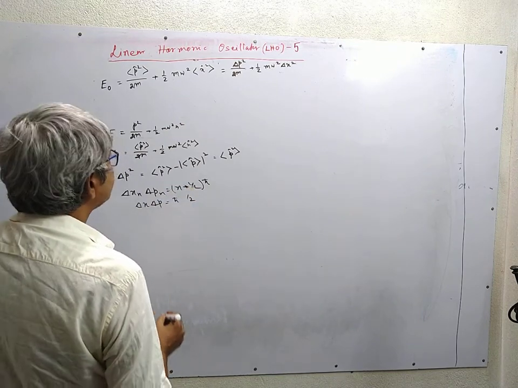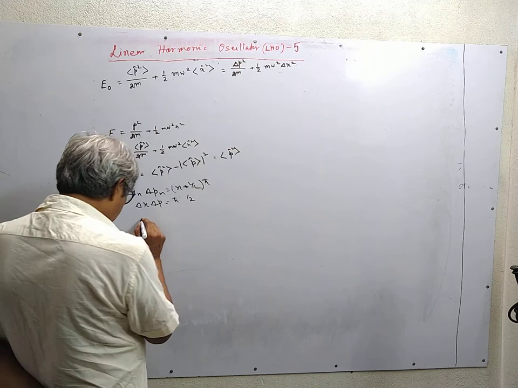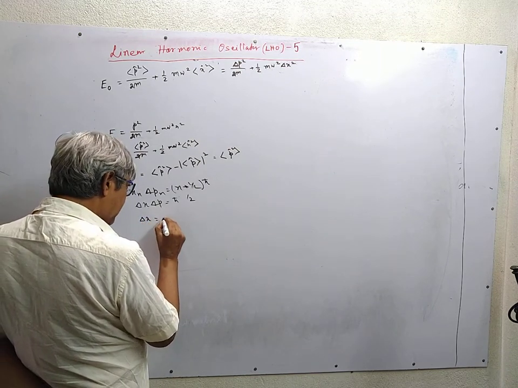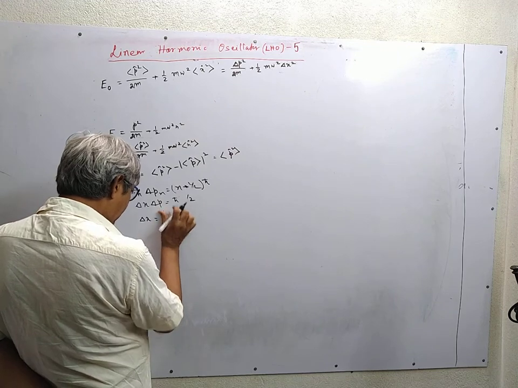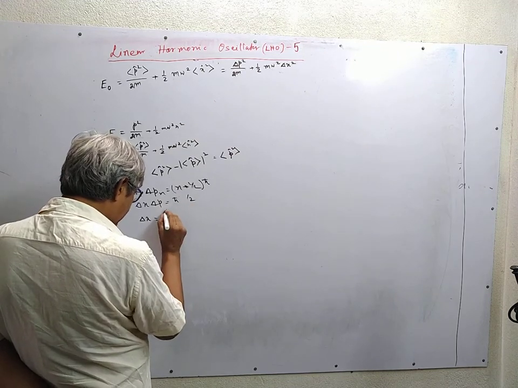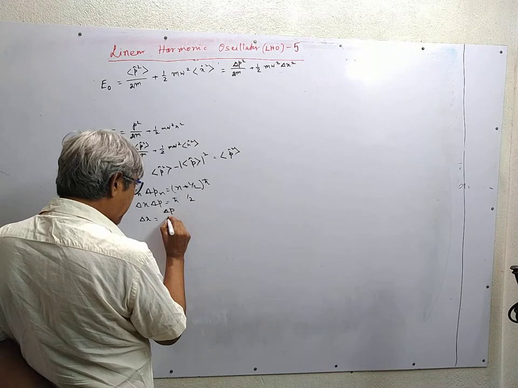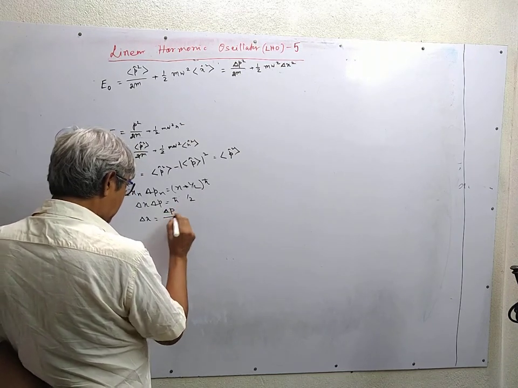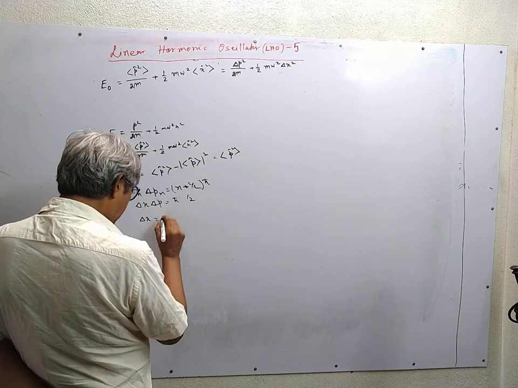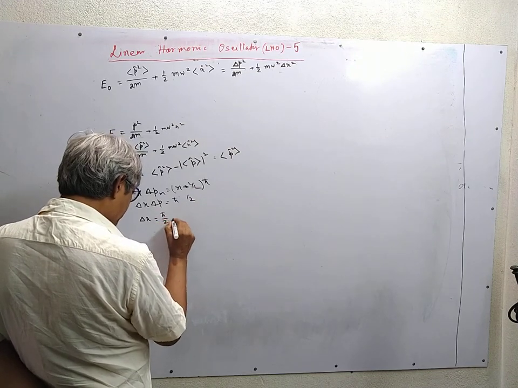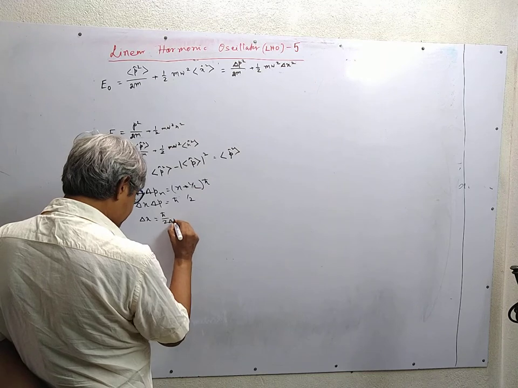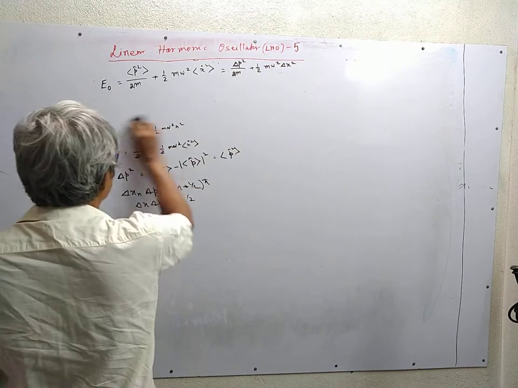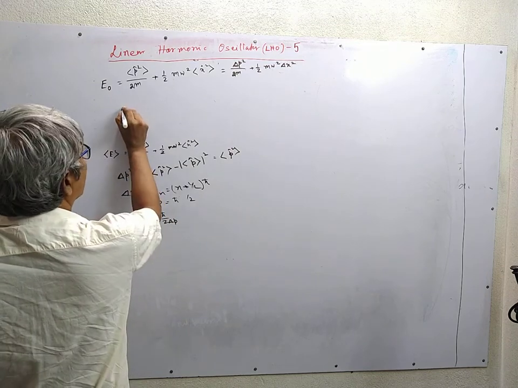So we write delta x is equal to h cross by 2 times delta p.